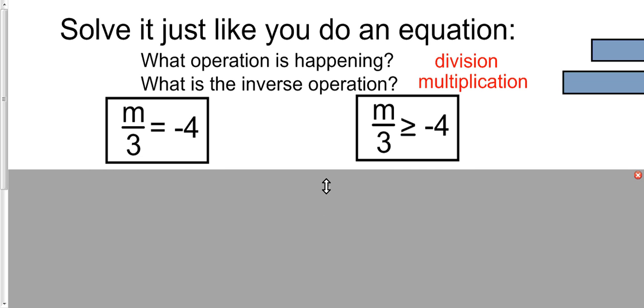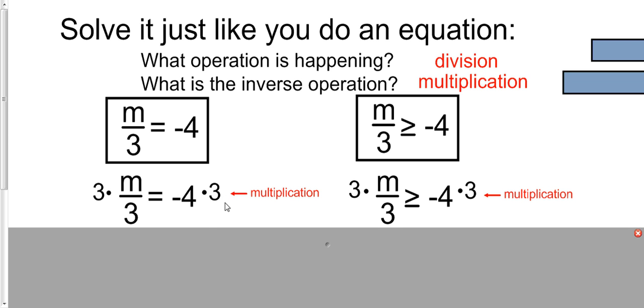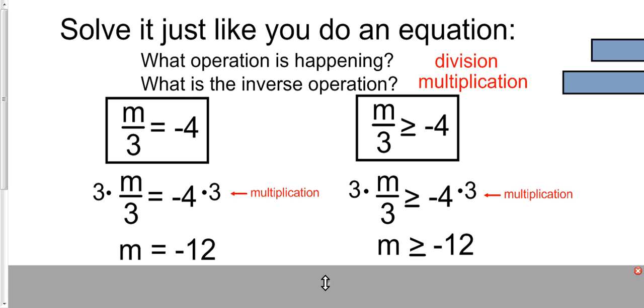Multiplication. So let's multiply both sides by 3 for the equation and for the inequality. They're worked the same way. When we do that, for the equation, m is equal to -12, one solution. But for the inequality, m is greater than or equal to -12. We have lots of solutions.